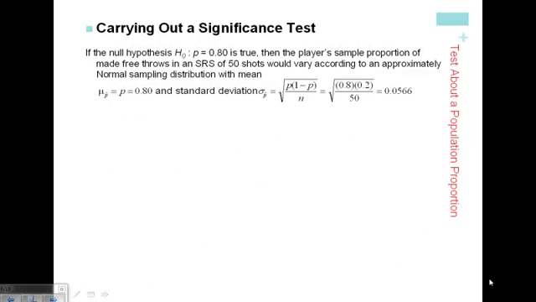Okay, carrying out the rest of the significance test, assuming that we've met our conditions, involves doing some calculations. Again, the basis of these calculations we already talked about in chapter 8. We believe that one sample is just one of many samples of size 50 for that free throw shooter.